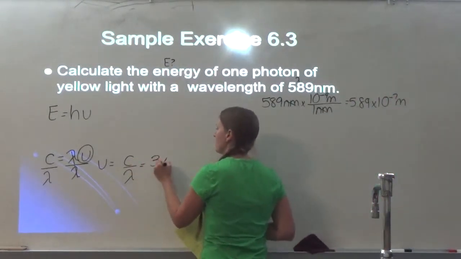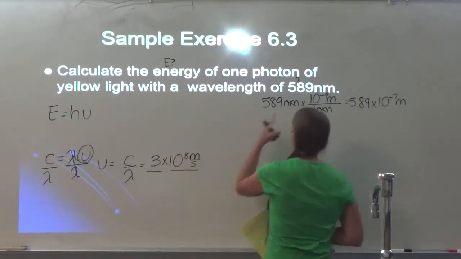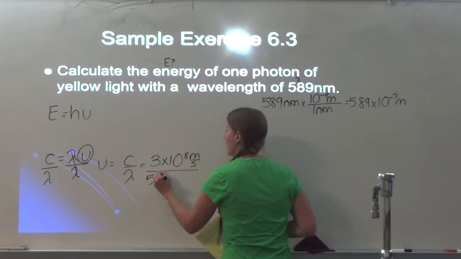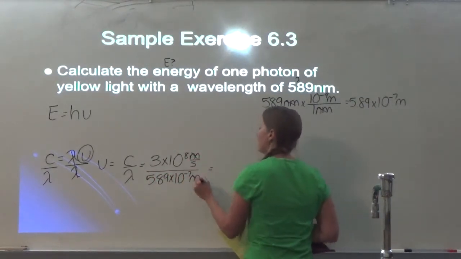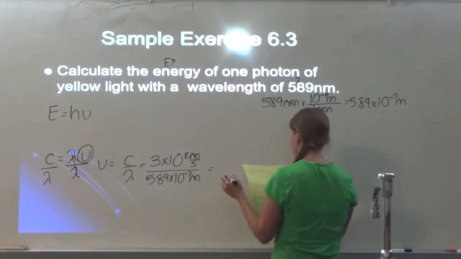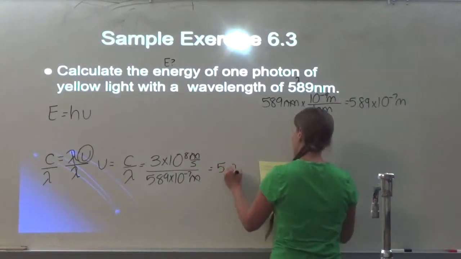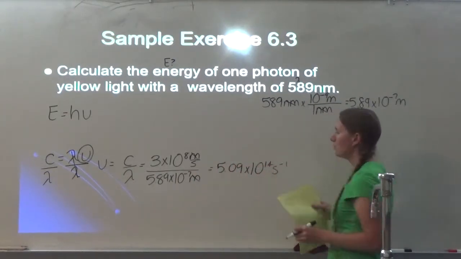So c is 3 times 10 to the 8 meters per second, and my wavelength is 5.89 times 10 to the negative 7 meters. So my meters cancel, and I get 5.09 times 10 to the 14 seconds to the negative 1.